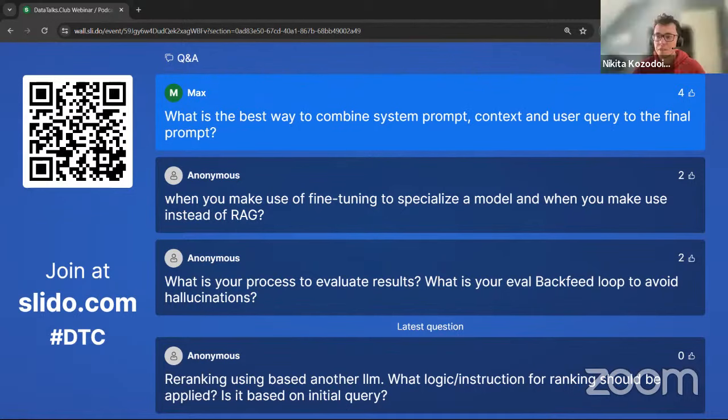So context would be the chunks that we retrieved, our document snippets, and the system prompt is usually a prompt that contains some high-level instructions. For example, you are an AI assistant, you need to answer human questions accurately and fully, and so on.